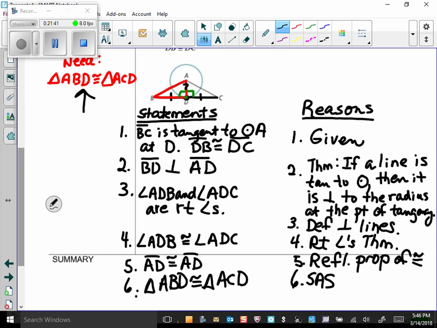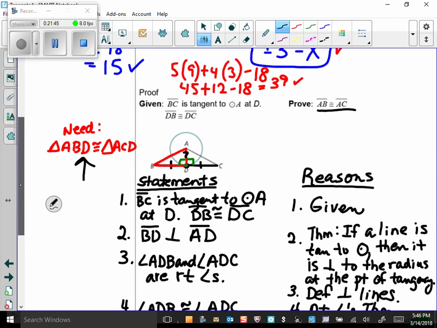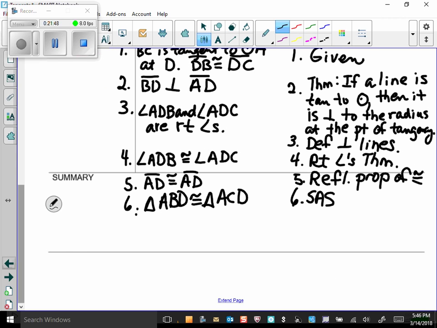And finally, AB is congruent to AC. Isn't that what I'm trying to prove? Yeah, AB is congruent to AC because they're corresponding parts of congruent triangles, and I know that means they're congruent. So that finishes that proof.